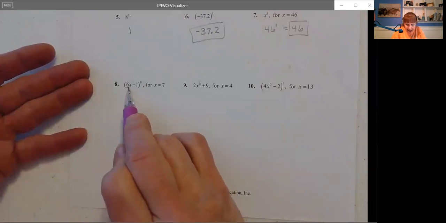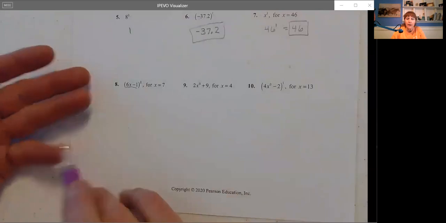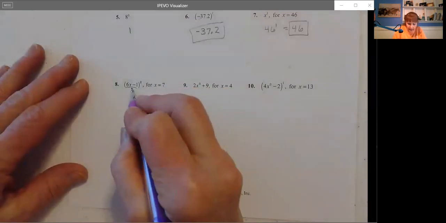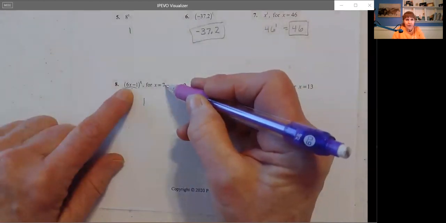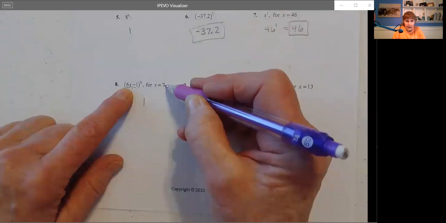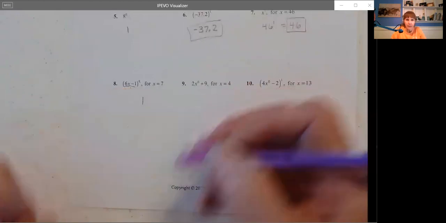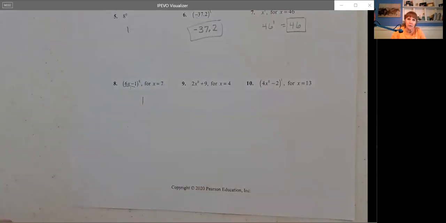Does it really matter what's inside if it's to the 0 power? And it doesn't. The answer is 1. Anything to the 0 power is 1. I could have been substituting in 7,000 for x, 6 times 7,000 minus 1. It doesn't matter because anything to the 0 power is going to be 1. All righty.